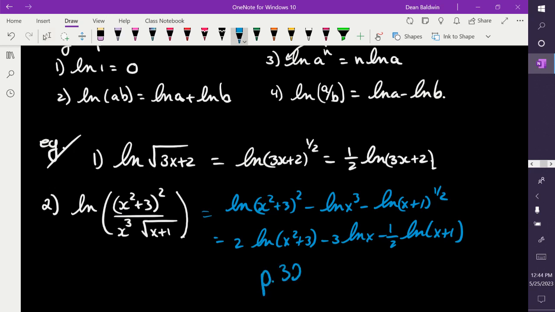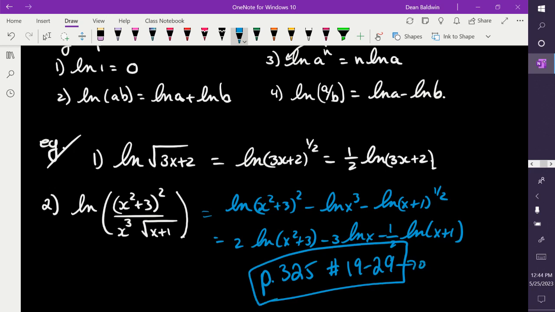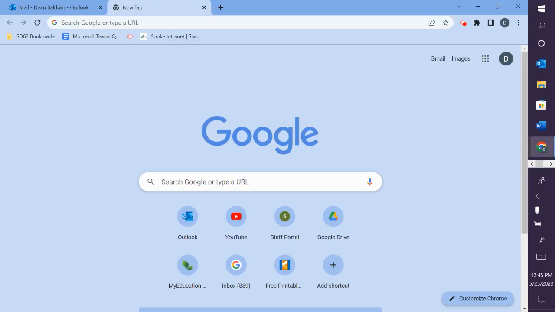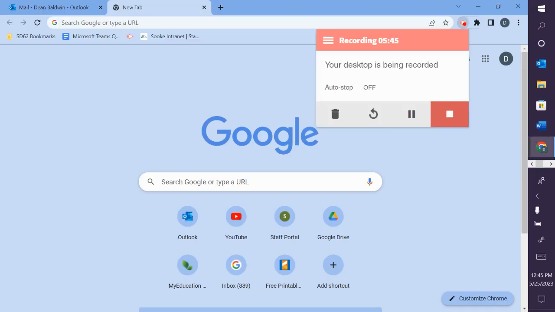Page 325, numbers 19 to 29. Which looks like a lot, but you're only doing the odd, so it's actually 5 questions. And then we will start the calculus. Okay, so just 5 questions. Quick little review.